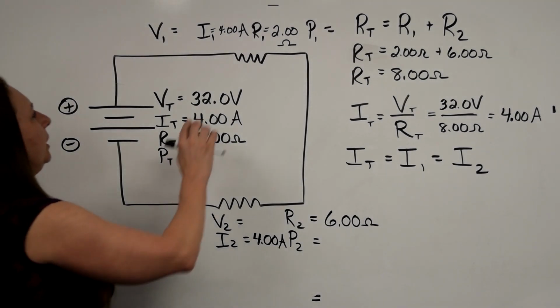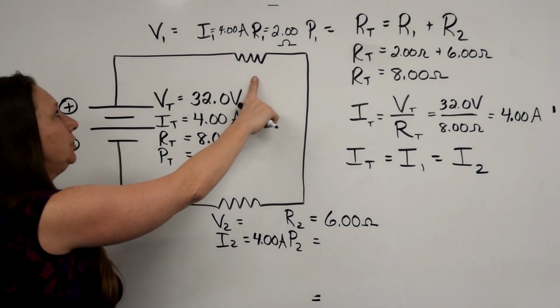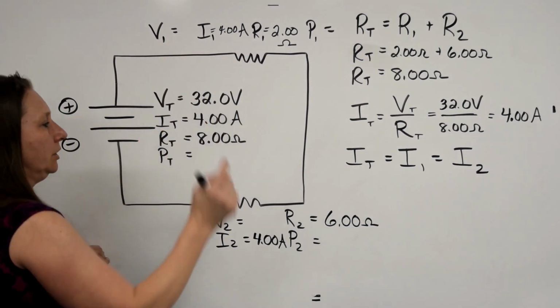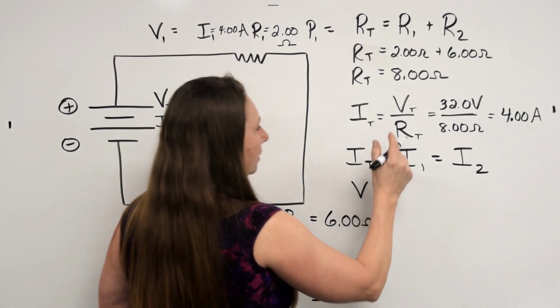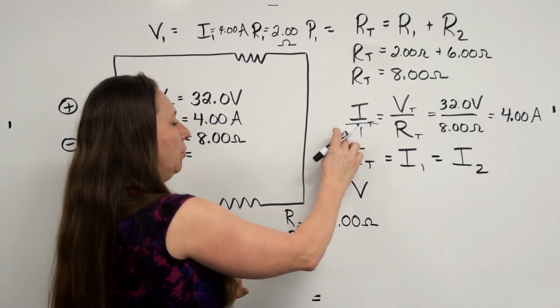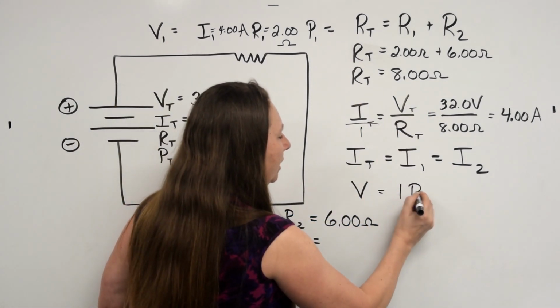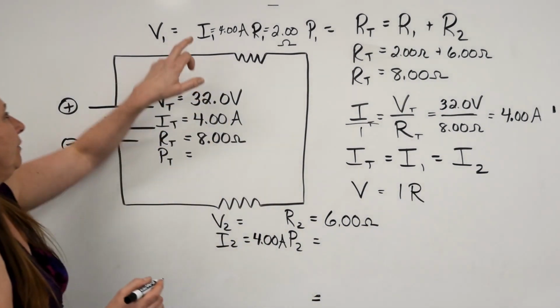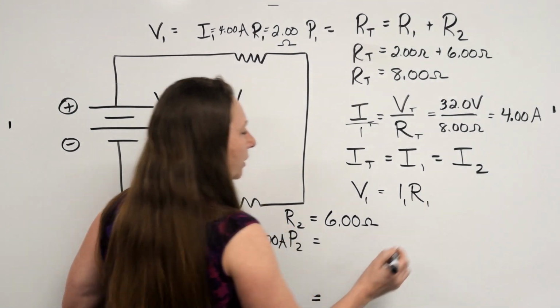All right, now that we have the current and the resistance for the first resistor, we can find the voltage of the first resistor. All right, V, we're going to cross multiply, put this over 1. V times 1, V equals I times R. If you want to find the first resistor, it's V1 equals I1 R1.